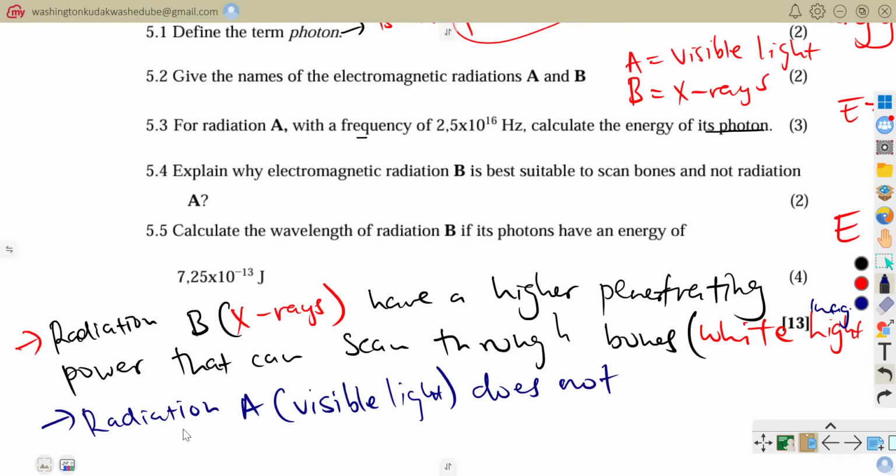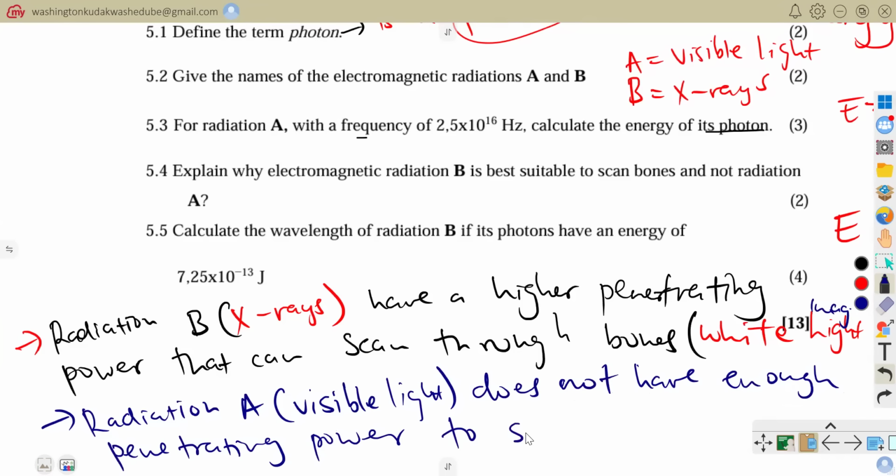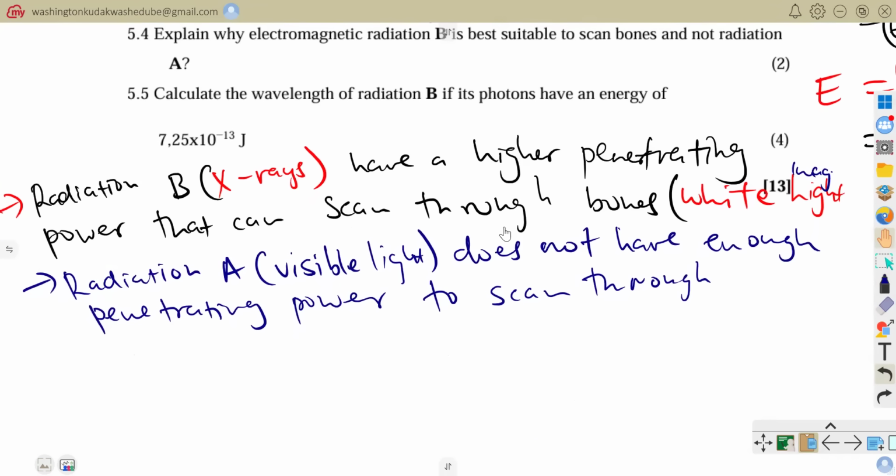So here we're saying radiation A, which is visible light, does not have enough penetrating power to scan through soft tissues. So that is the difference.